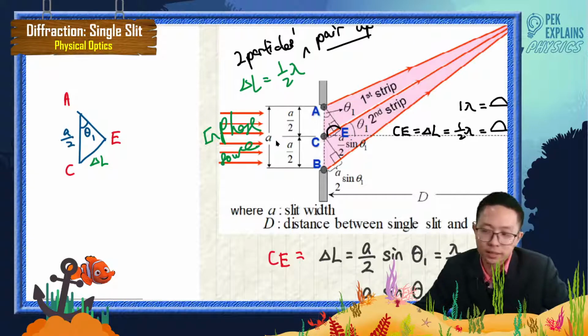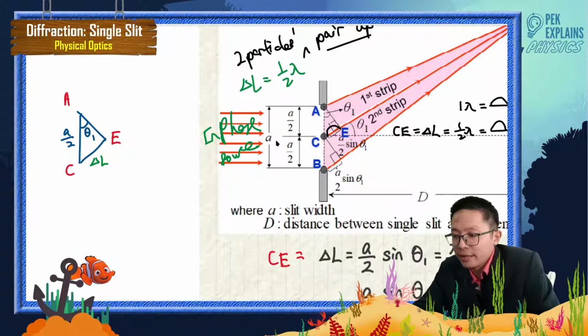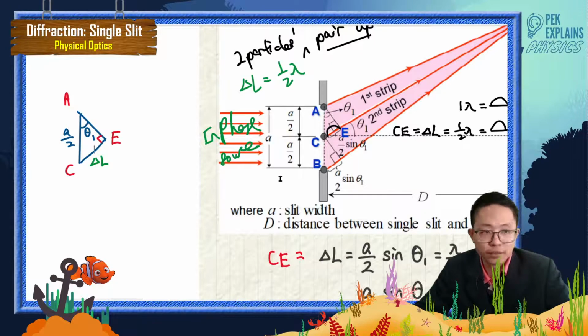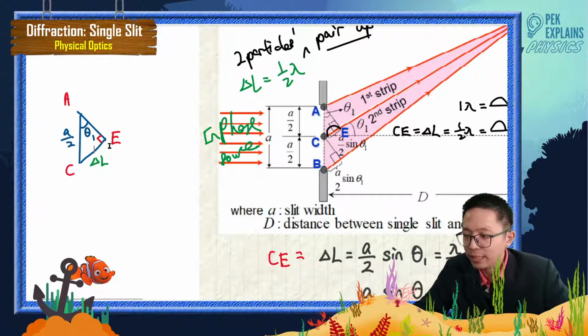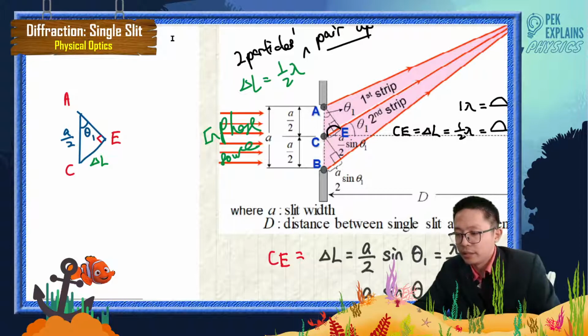That's the hypotenuse, and this is the right angle over here. So this is theta, this is the hypotenuse a over 2, and this is delta L. So how to find the delta L? Let's do it out. We know sine theta 1 is equal to opposite over hypotenuse, isn't it?